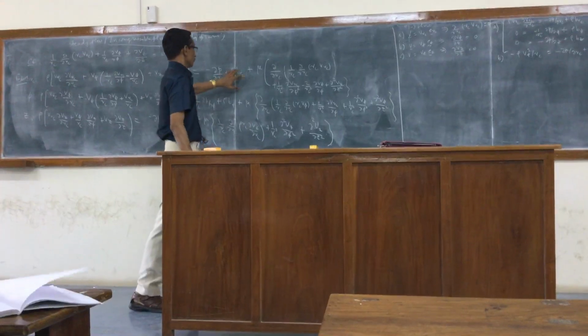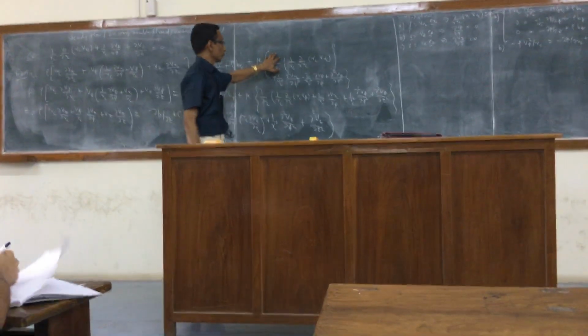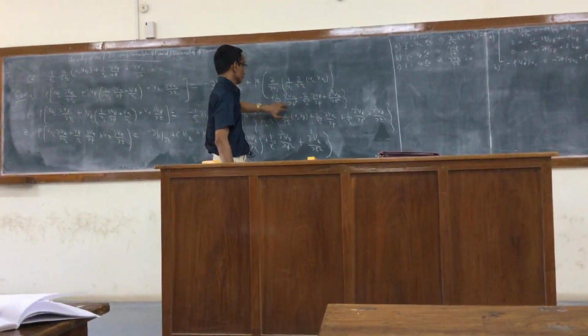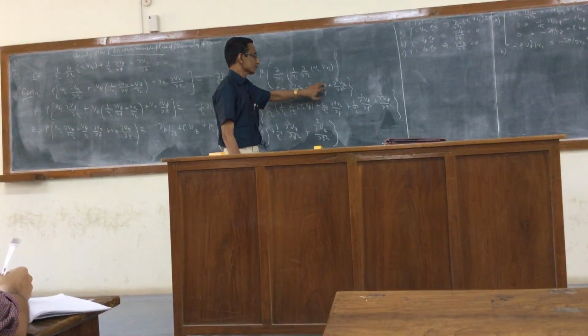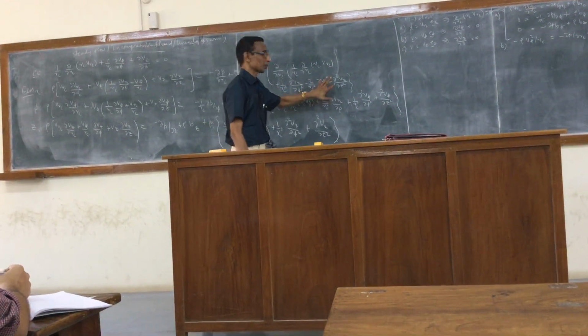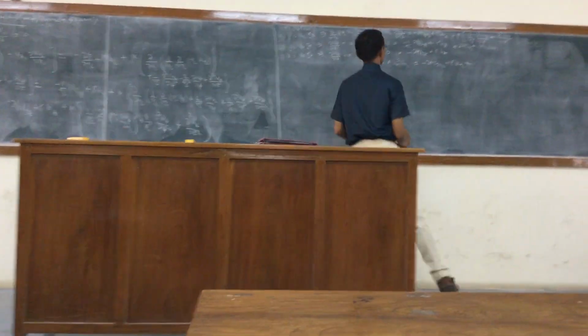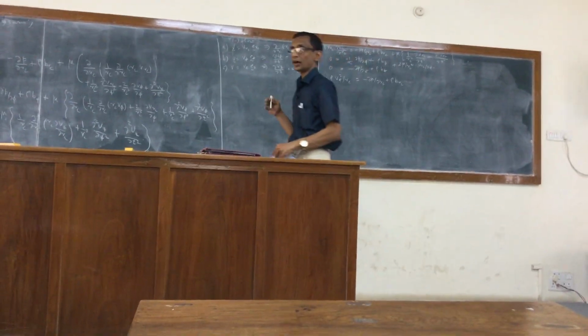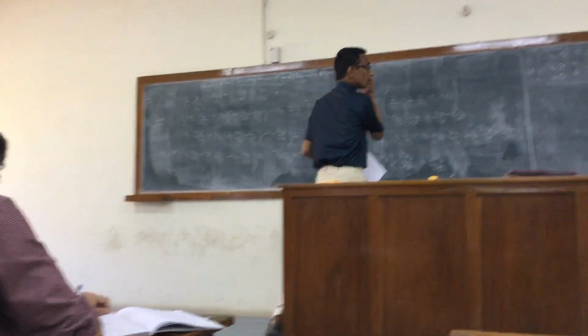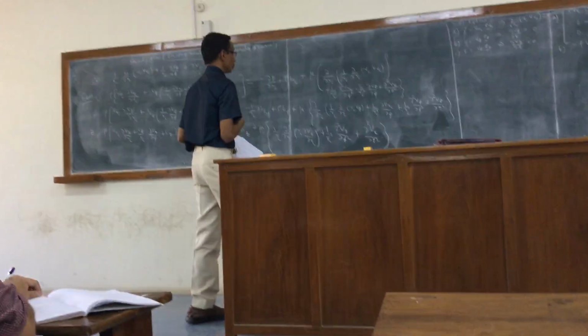V phi is the only component, then this is 0, and this is also 0 because Vrc is 0. This is 0 from the continuity equation, so I am not getting any terms. That's all I have for the rc component of the equation of motion.